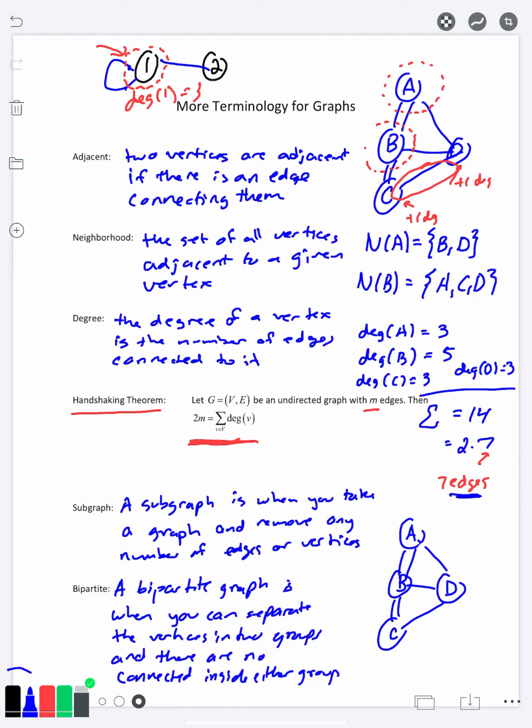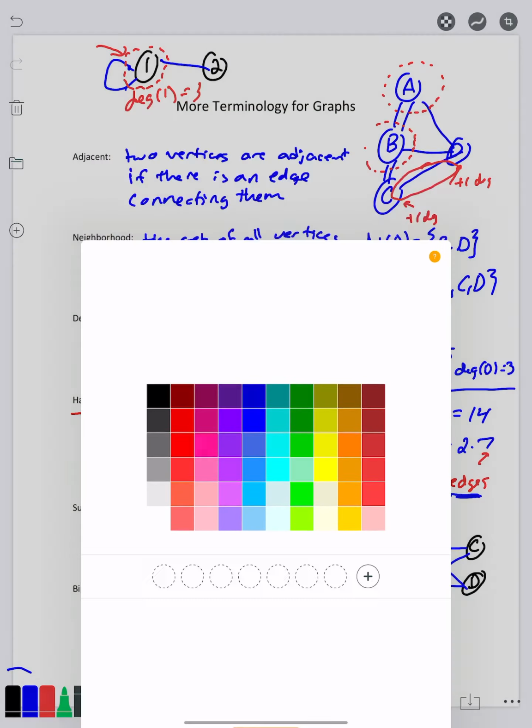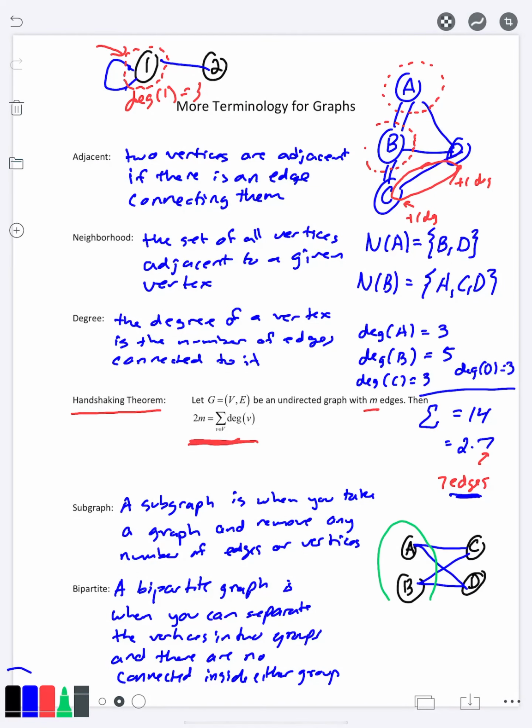Now I need to give you an example of this here. So I'll clear a little bit of space on the side. So the idea is if you have a graph where you can draw it in such a way that all of your edges are between them and there are no individual edges on either side.